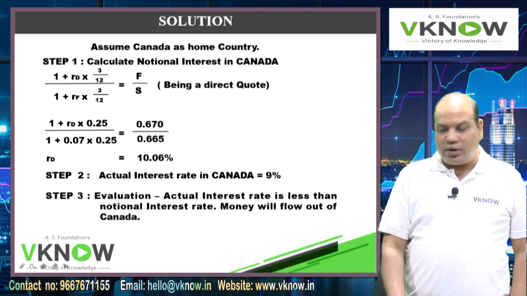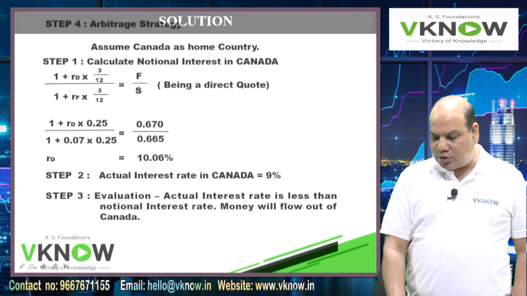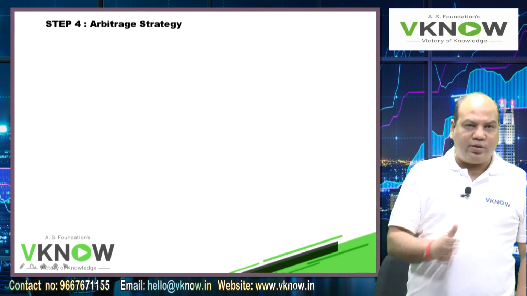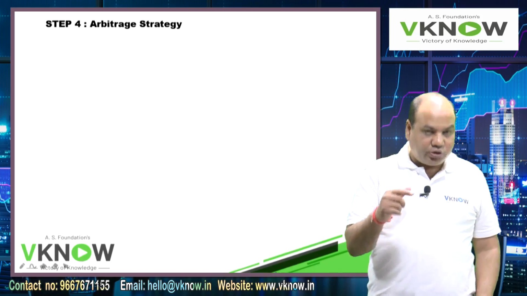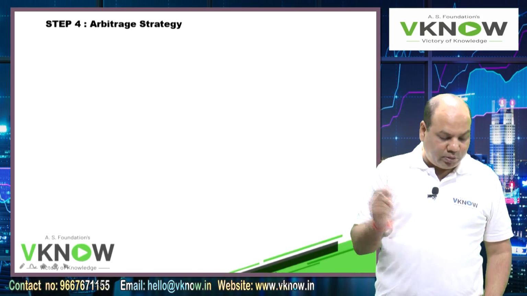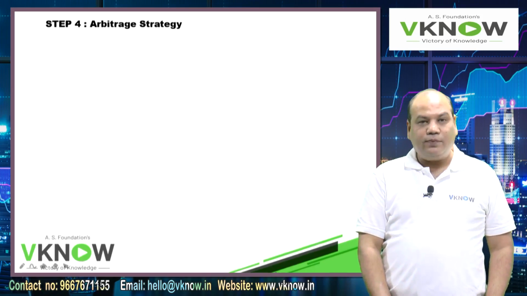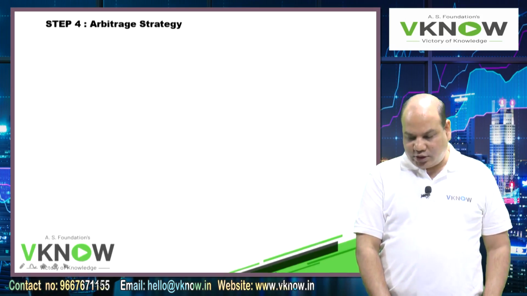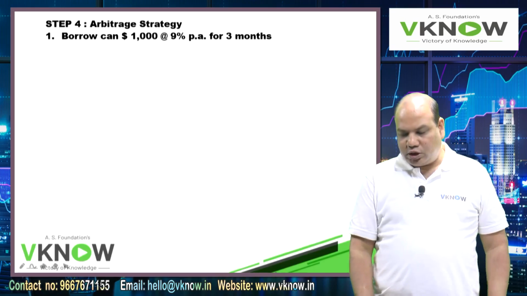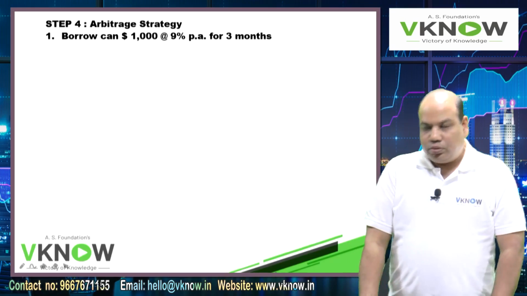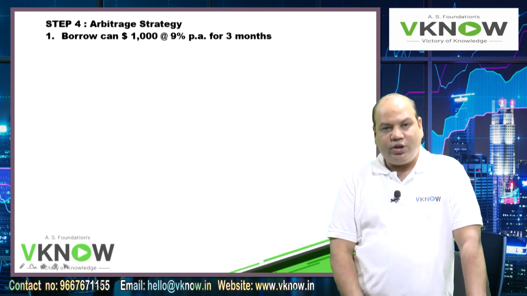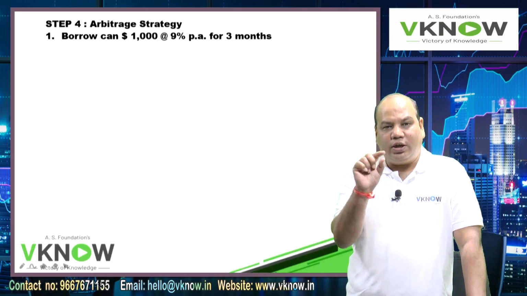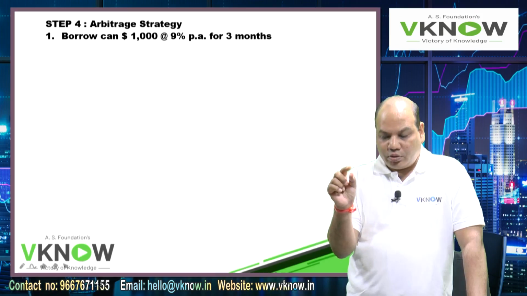Once you cross that hurdle, now the job is to execute your arbitrage strategy, and that you have to write in detail because that is your question: what operations would be carried out. So step 4, write down arbitrage strategy. Under that one, borrow Canadian dollar 1000.